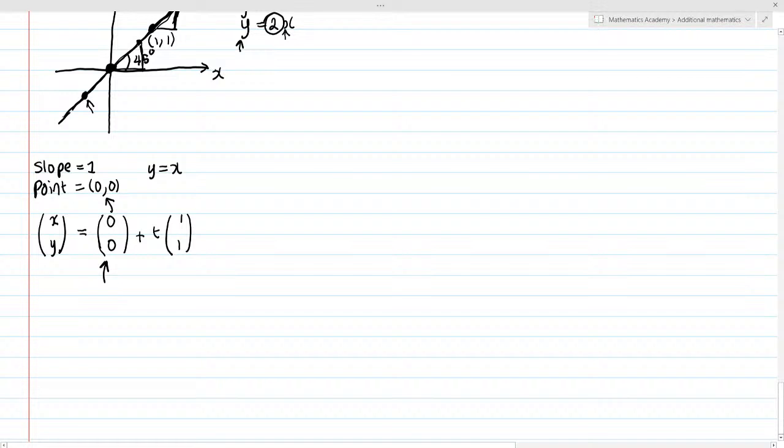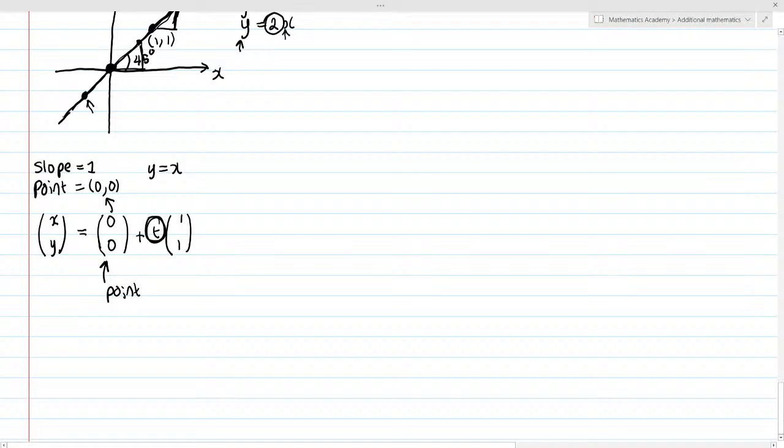We need to make sure we're on the same line. And so the point 0, 0 has x coordinate 0 and y coordinate 0, and we represent this in vector form as a 0 on the top and a 0 on the bottom. Okay, this is the point.